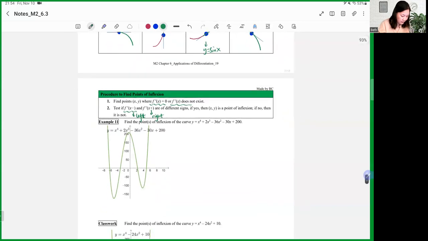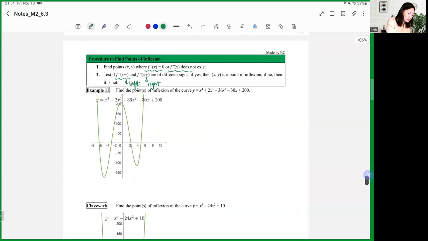I'll show you. 11. This one, y prime equals 4x cubed plus 6x squared plus 72x minus 13. Y prime prime equals 12x squared plus 12x plus 72.